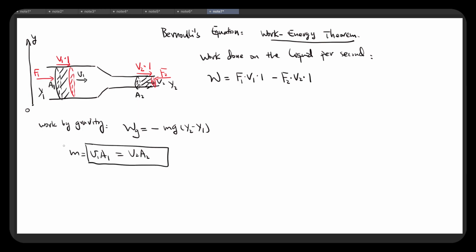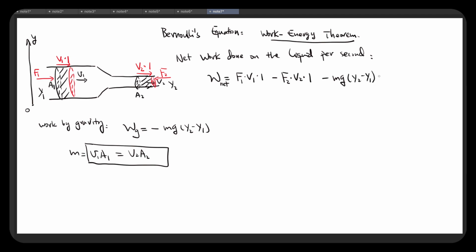So an equal amount of mass is displaced from position 1 to position 2. That's why the work done by gravity is this equation here. So we need to add gravity's work to the net work, the total work done on the liquid, which equals minus mg (y1 minus y2).